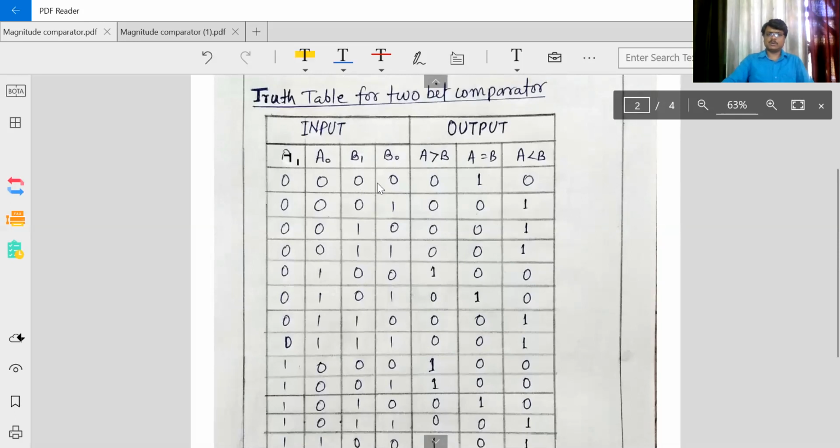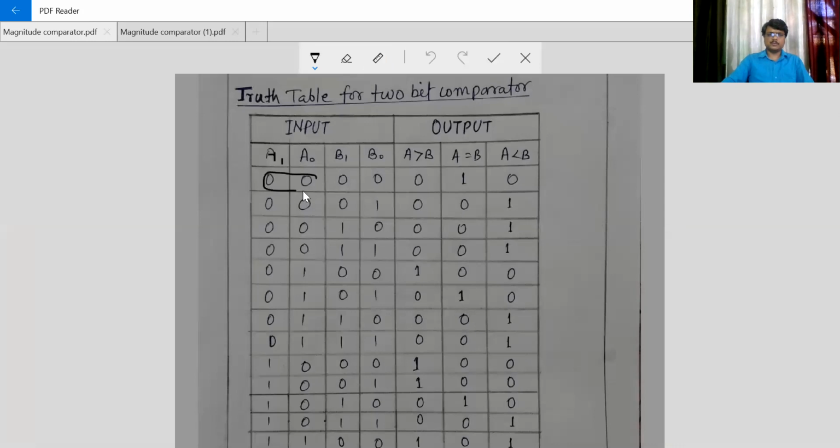How can we fill this one? If this is the first number 0 0 and this is the second number 0 0, which one is greater? Both the numbers are equal, so A equal to B will be high, and it is neither greater nor less, so those will be 0.